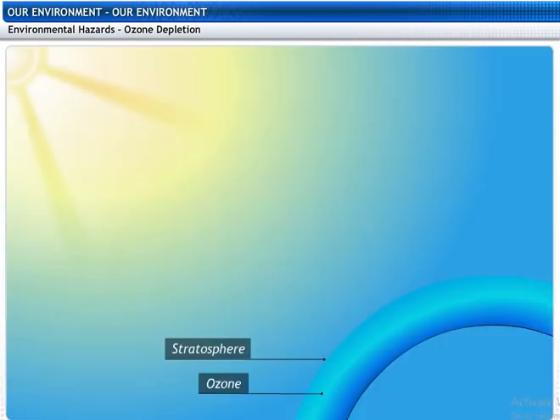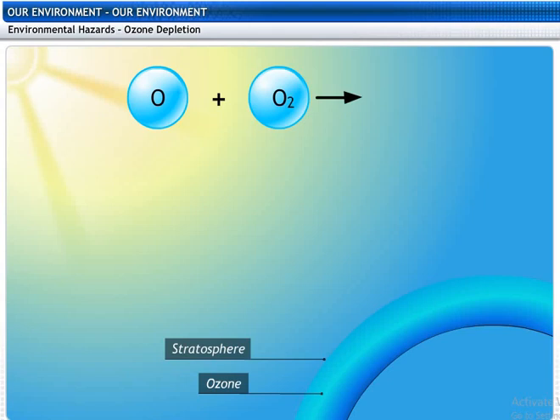Now I get it. The ozone is a molecule formed by 3 atoms of oxygen. The UV radiations at higher levels of atmosphere split atmospheric oxygen into free oxygen atoms. These free atoms combine with atmospheric oxygen and form ozone.